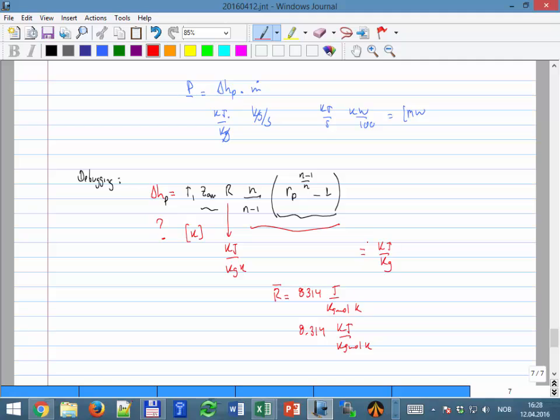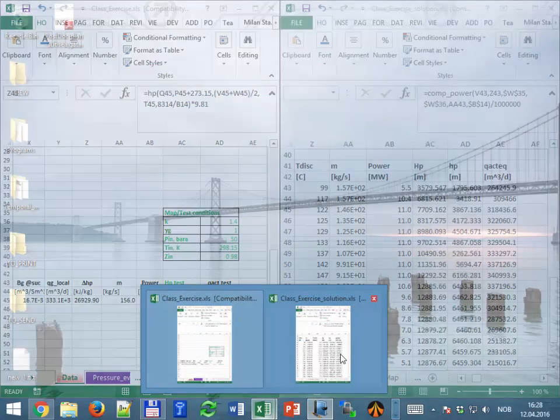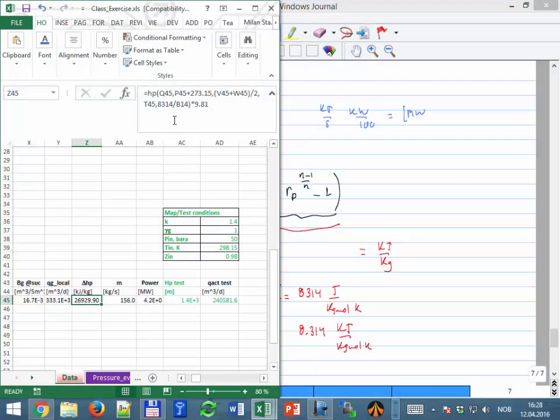Okay, so it depends how we are using this R. Okay, so let's go back. So we are using it like joule. So this, instead of being kilojoule, should be joule per kilogram, right? Because we are using 8314.